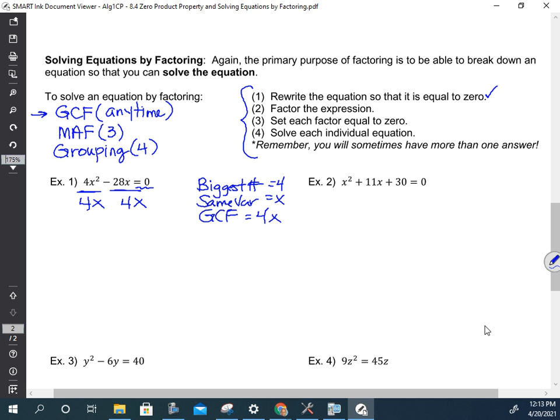X squared divided by x is x. 28 divided by 4 is 7. X divided by x drops out. So now it's factored.